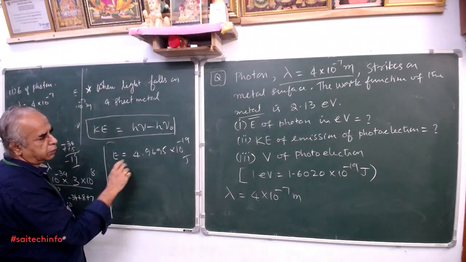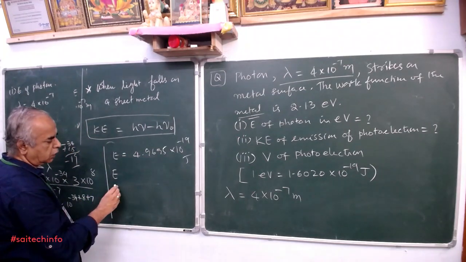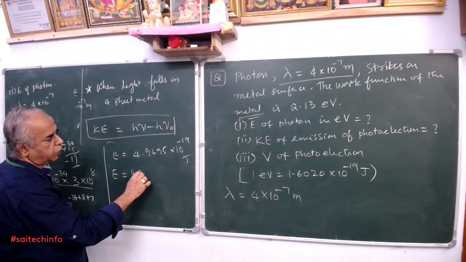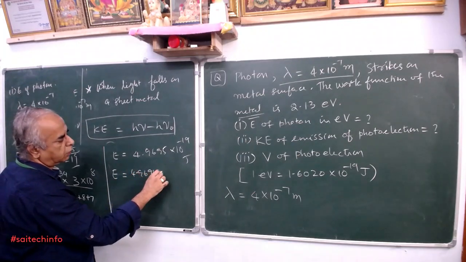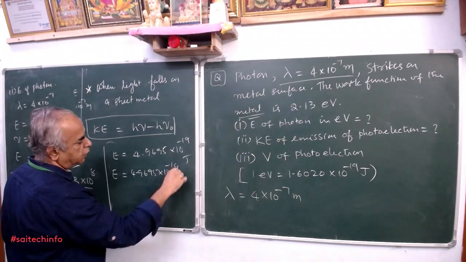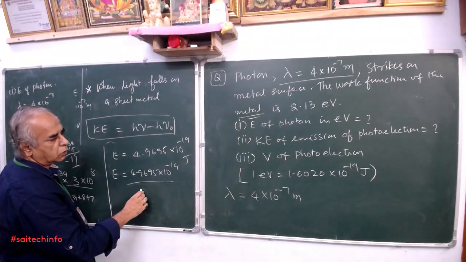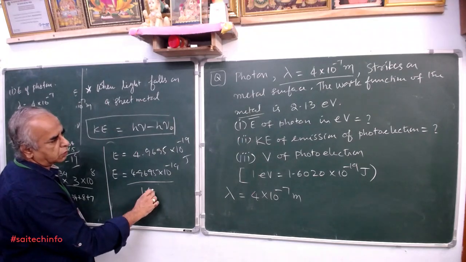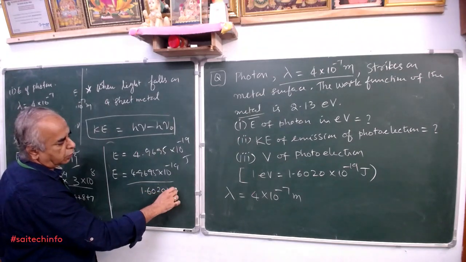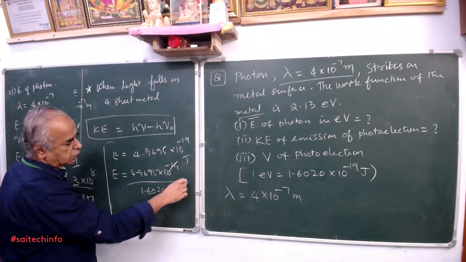We can divide by this, is it not so? Energy in electron volt is equal to 4.9695 into 10 power minus 19 divided by 1.602 into 10 power minus 19. So this can be cancelled.